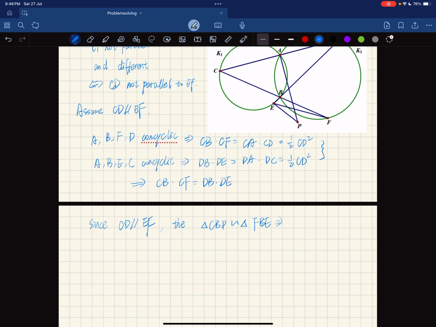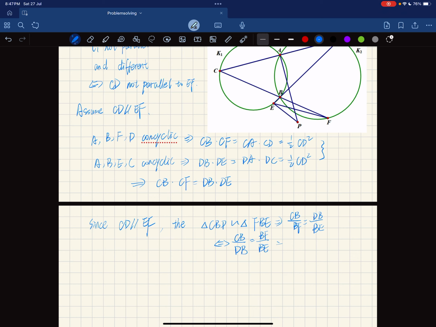So that leads to CB over BF equals DB over BE, right? That is equivalent to CB over DB equals BF over BE, right?